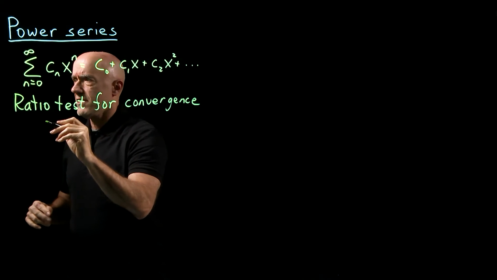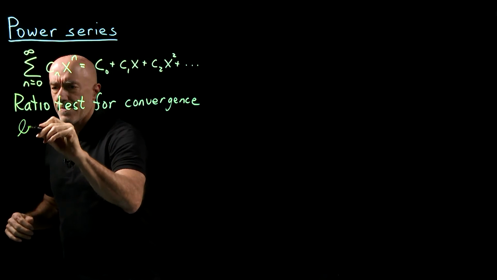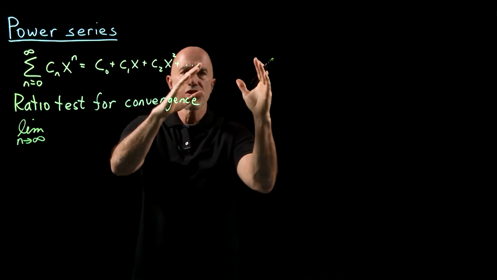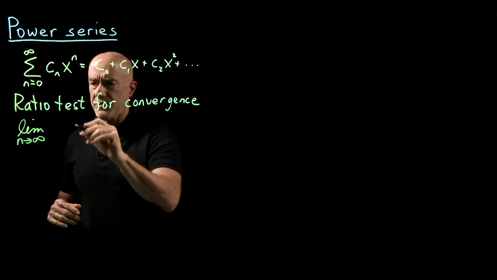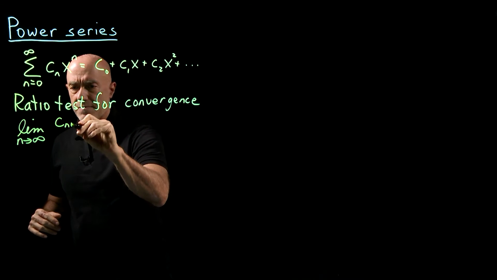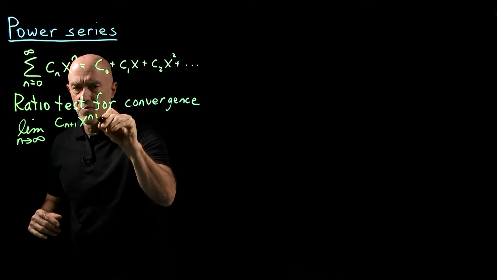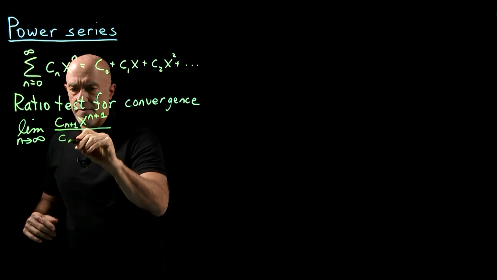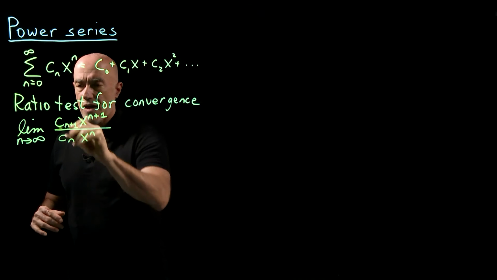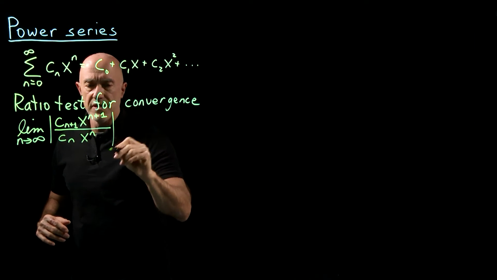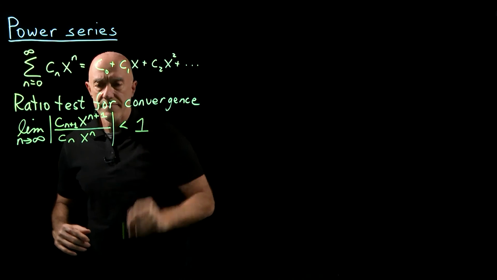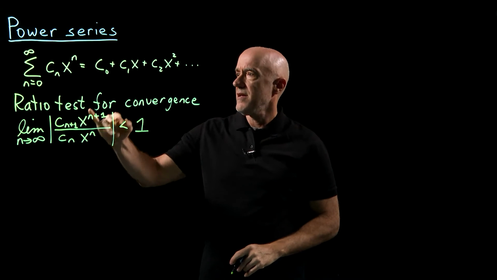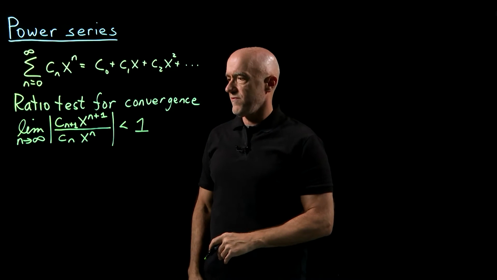It converges if the limit as n goes to infinity of the ratio of two consecutive terms, so here would be c sub n plus 1, x to the n plus 1, divided by c sub n, x to the n, and we consider the absolute value of this is less than 1. When this condition holds for values of x, then this power series will converge.